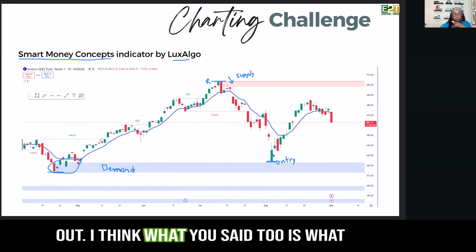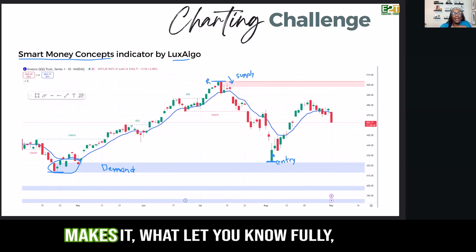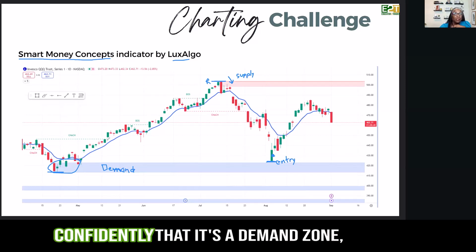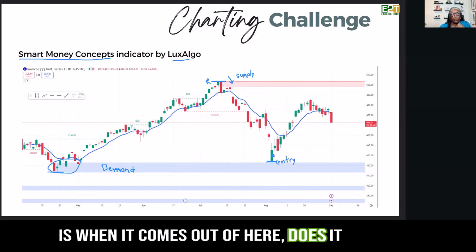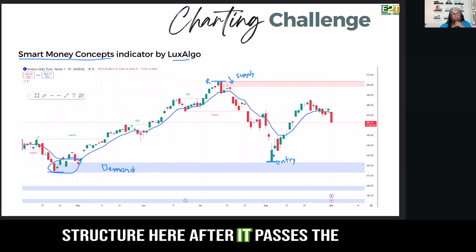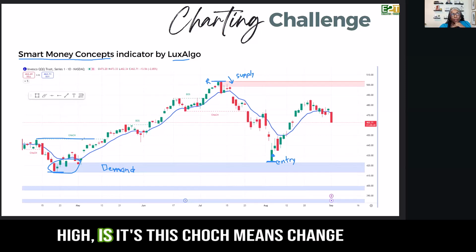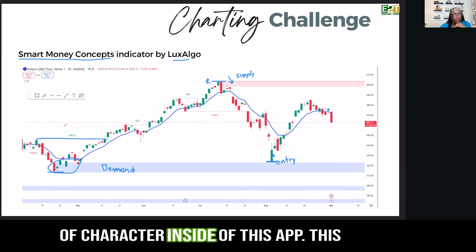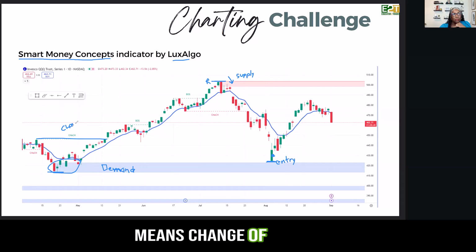I think what he said too, what lets you know fully confidently that it's a demand zone, is when it comes out of here, does it break the structure? So the structure here, after it passes the high, this CHOCH means change of character inside of this app.